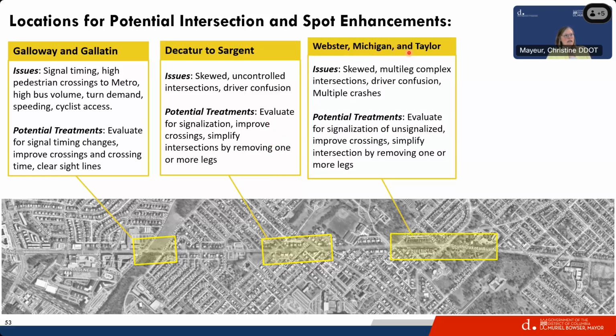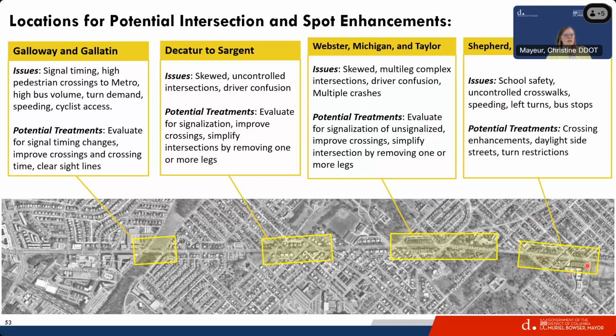Webster, Michigan, and Taylor. This area has a lot of needs between all of them. So looking at the skewed intersections, multi-leg, really complex intersection at 16th, Michigan, and South Dakota. So looking at signalization of any unsignalized intersections, improving those crossings, simplifying the intersection by removing one leg or more.